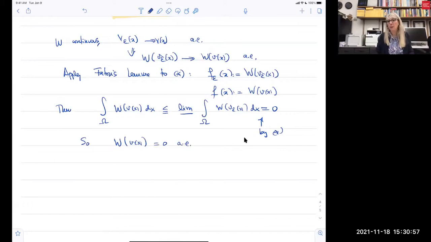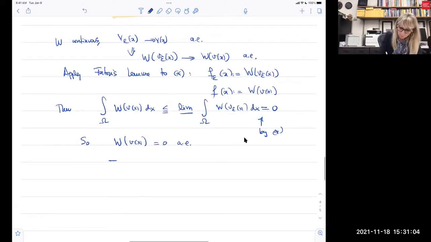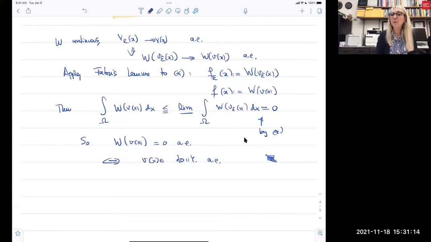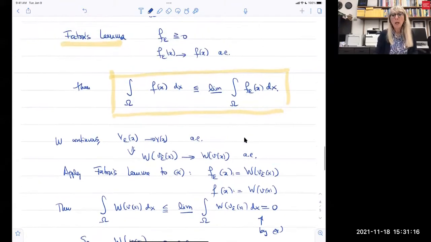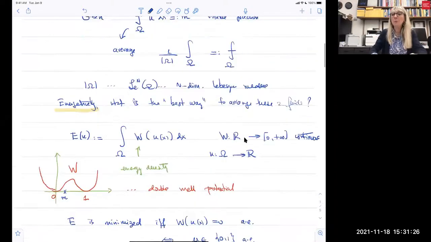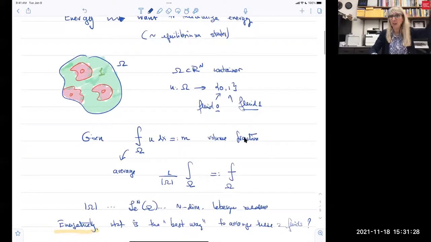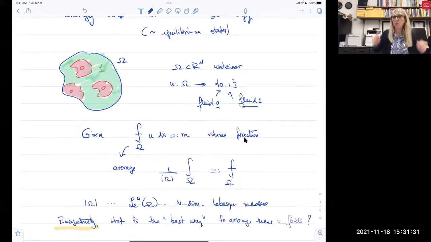But the only way that W can be 0 almost everywhere is if you are at the bottom of the wells, right? Because W is non-negative. And that's it. So that's a back-of-the-envelope simple computation, which tells you that if I start with bounded energy and if I have pointwise convergence, then that limit necessarily is one of the sharp interface fields that I started my analysis with. So I'm back to the original problem.